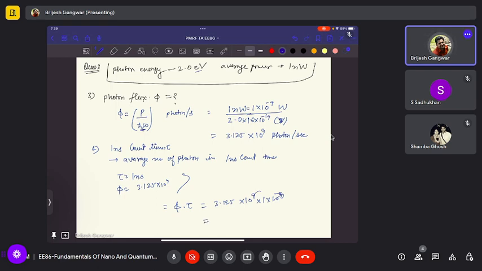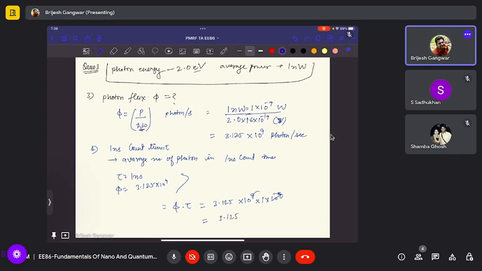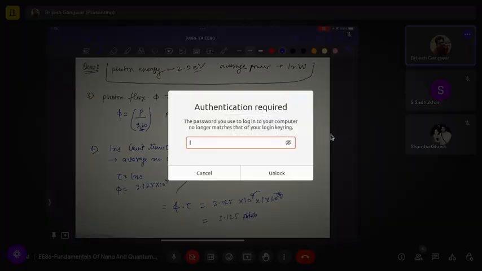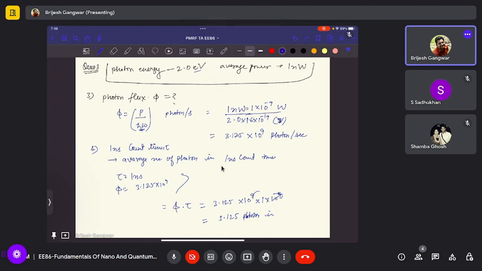So there will be 3.125 photons per nanosecond.